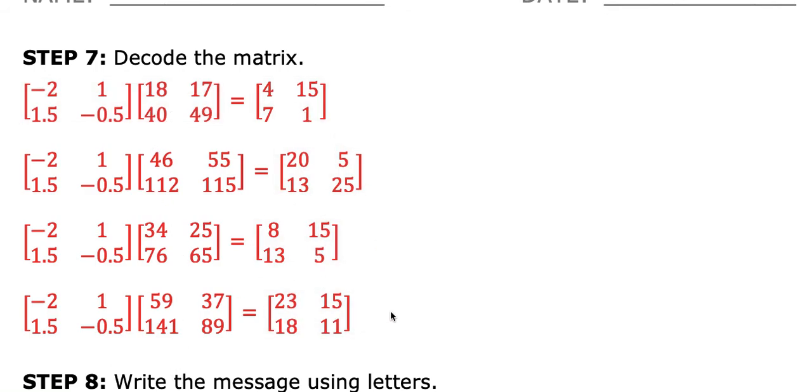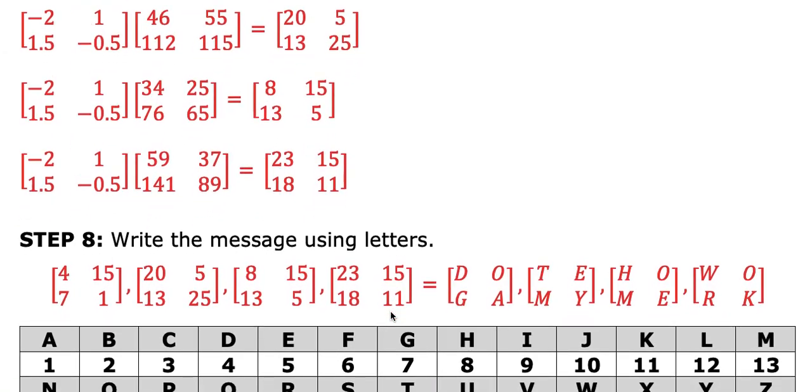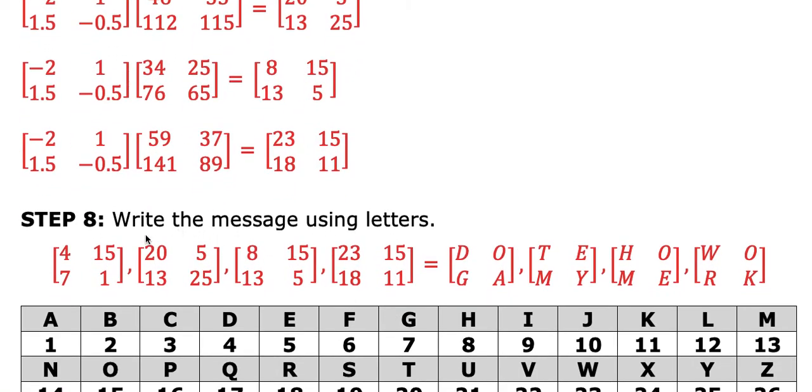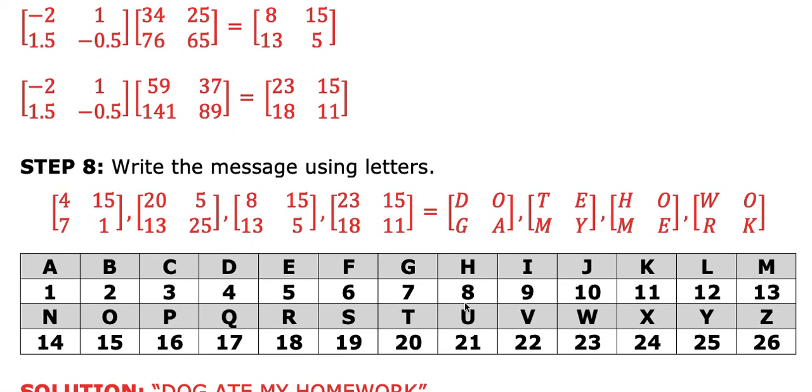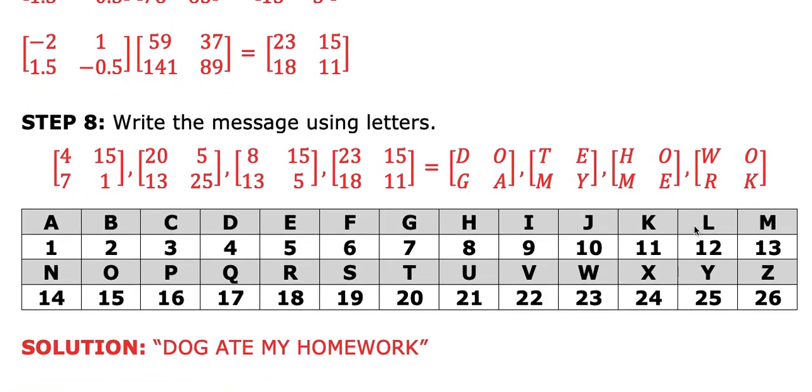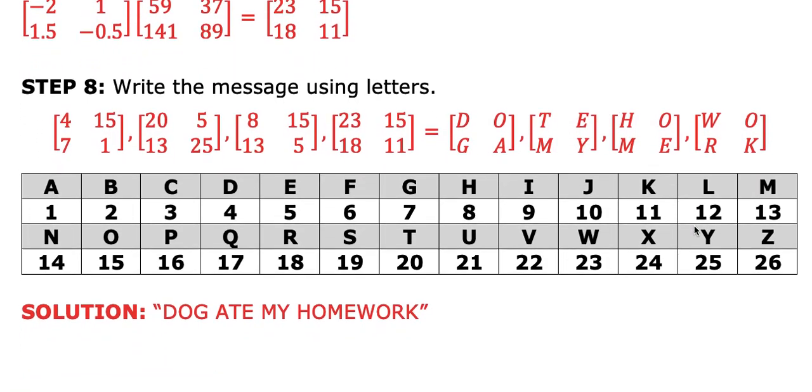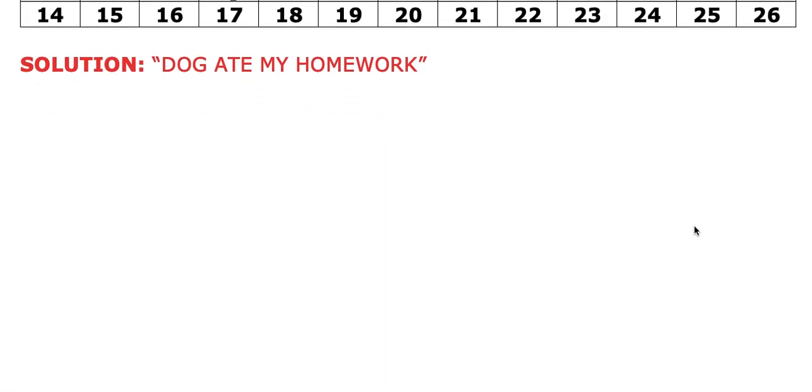It undoes it, just like inverse operations. So then we have our message, and if we use our decoding strategy, it says dog ate my homework. Very important that no one's privy to this information. So good luck on the homework questions.